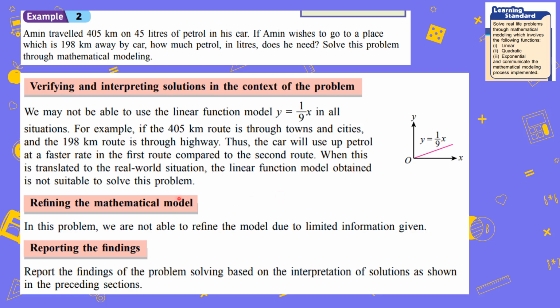So when this is translated to the real world situation, the linear function model obtained is not suitable to solve this problem. So we reflect on what we have done to get the solution, and we know that this model is not suitable for the different situation.